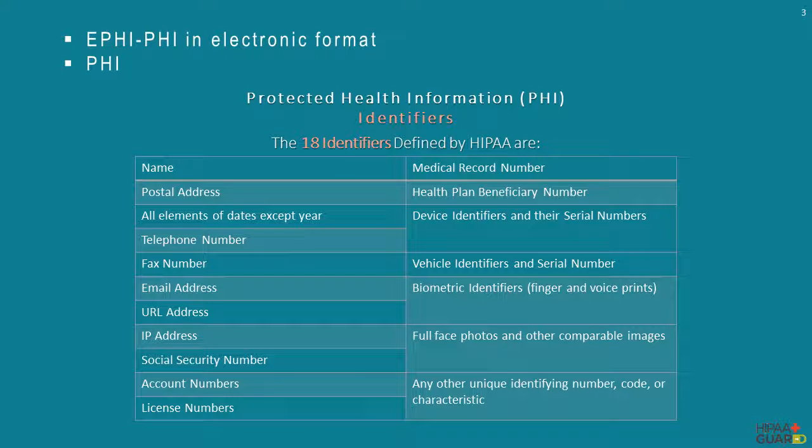Remember, PHI is protected health information. It can contain 18 identifiers. Any of these constitute PHI.